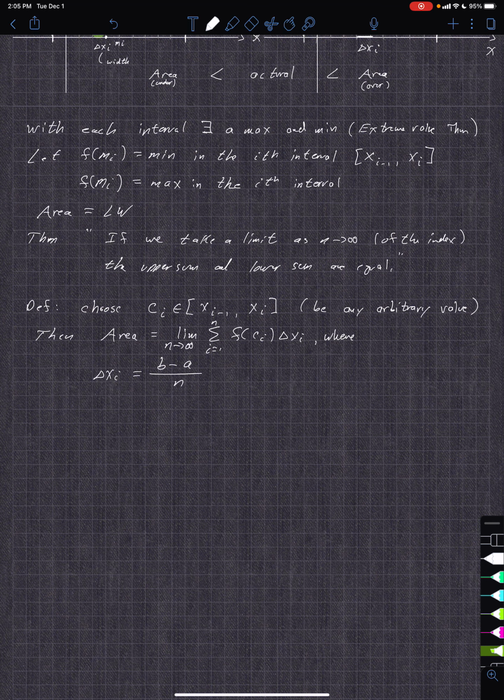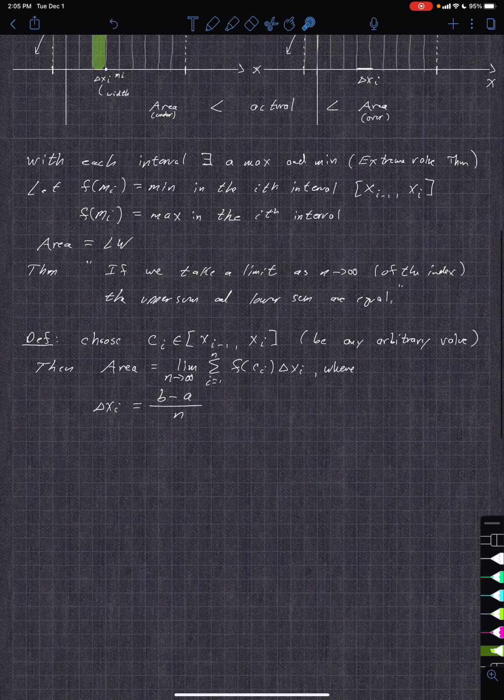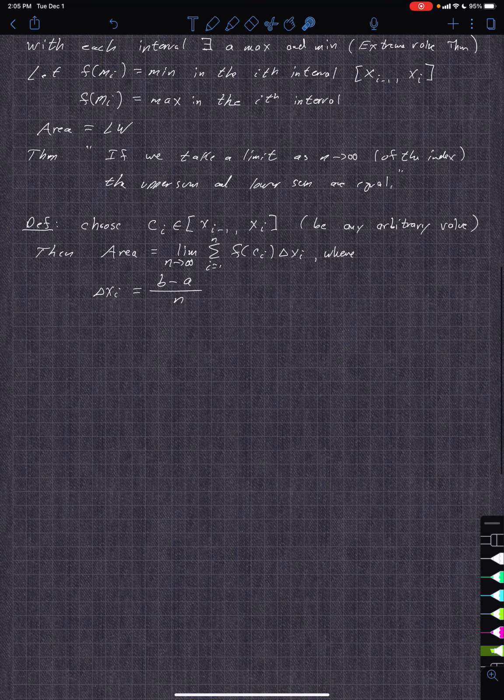Realize that's a definition. We're basically agreeing that would make it be the sum. So if we did that and you take a limit, you will get the actual area of this thing. So you're adding all those pieces up essentially.